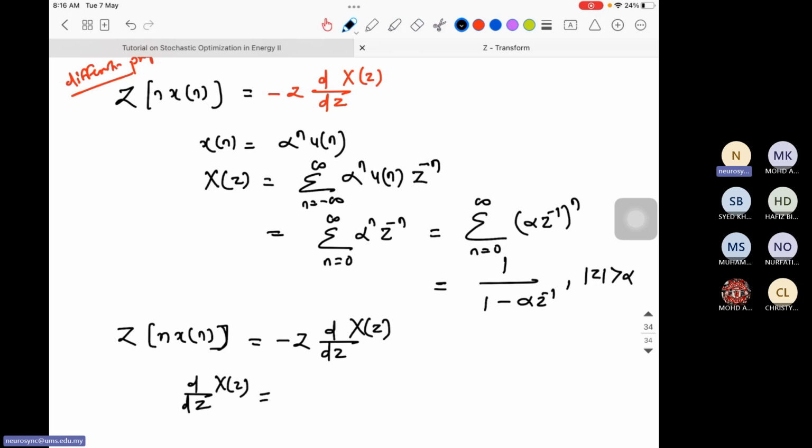Find the differentiation of this. This is equal to minus 1 divided by 1 minus alpha z inverse square. Is this correct?